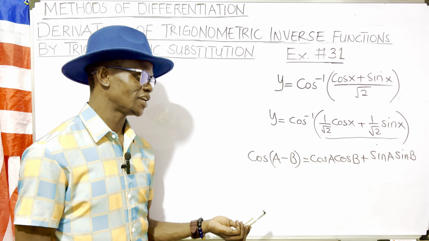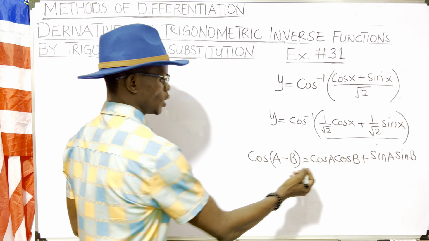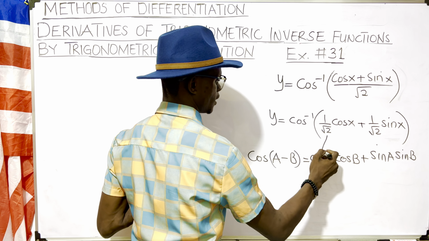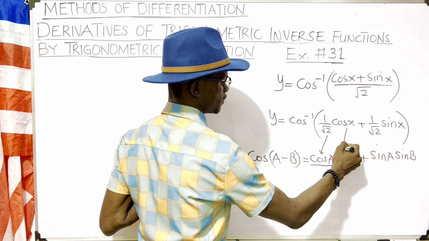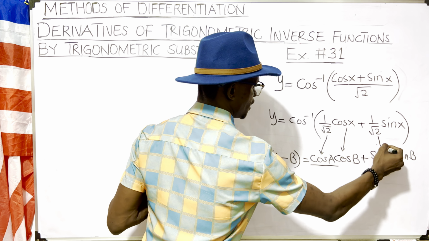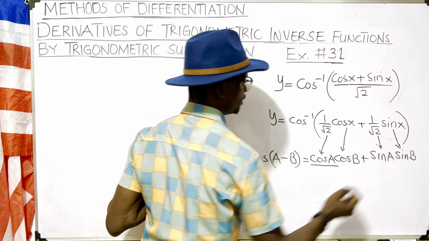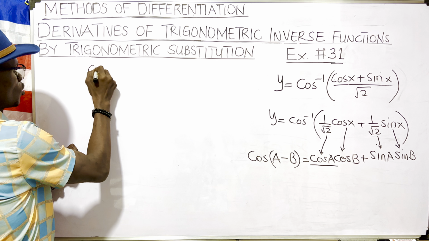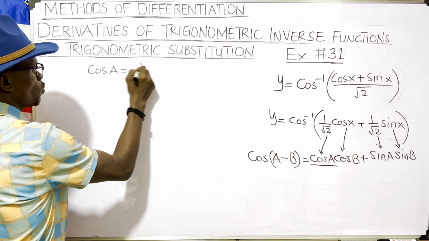What is sine of a and what is sine of b? So cos of a is the first factor right here, and then cos of b is the second factor. Sine of a is the first factor and sine of b is the second factor. So we can say let cos of a equal 1 over the root of 2.